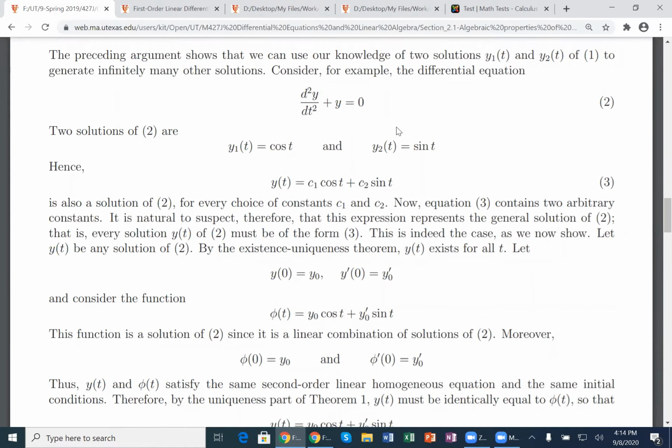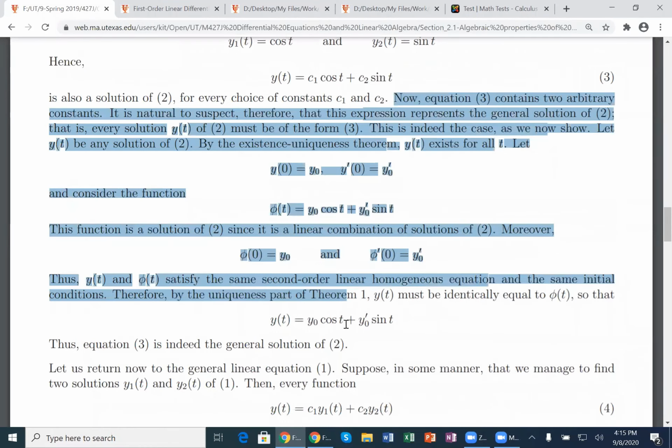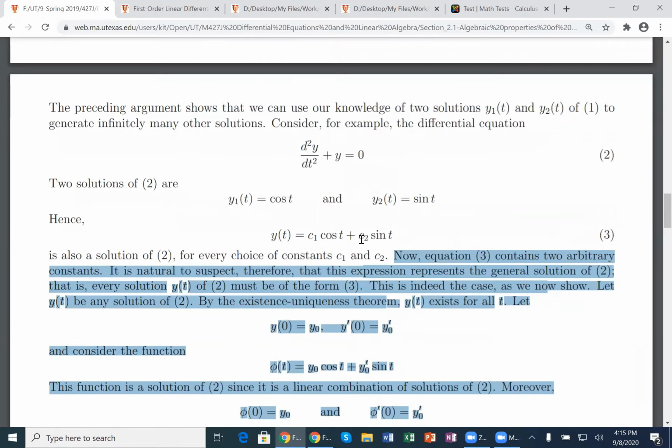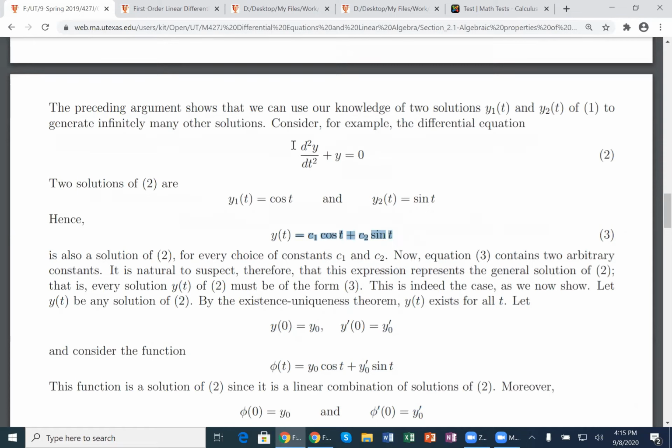But now we can say more. One can show, and we show it over here, that this is not just a particular solution of this. This is the general solution of this equation.